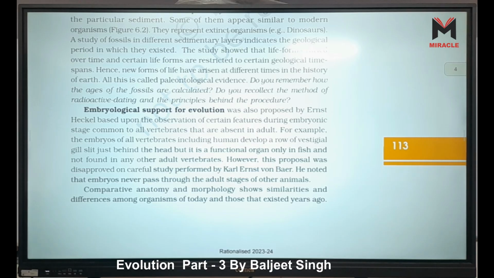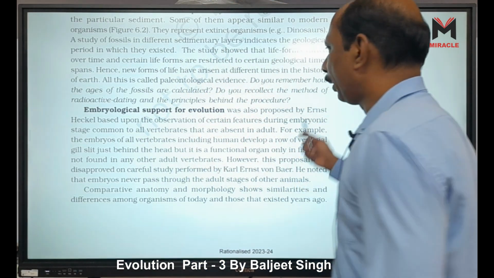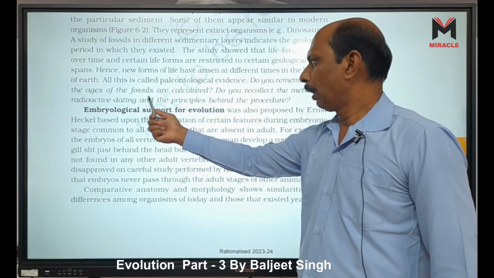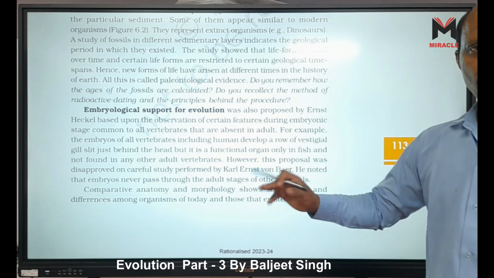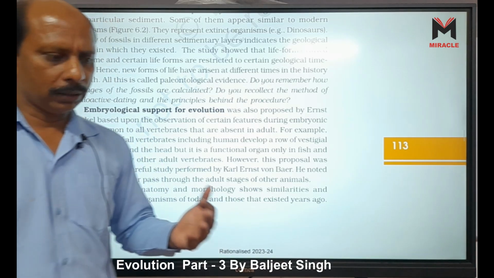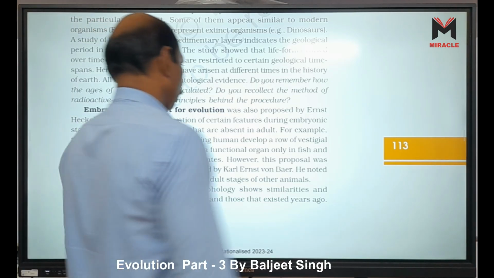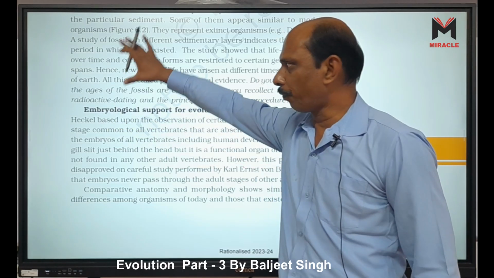Do you remember how the age of fossils is calculated? We have 4 methods. Second, do you recollect the method of radio dating? Yes. And the principle behind the procedure. Also, when we miscalculate the half-life period, then we miscalculate the age of which one? Fossils.